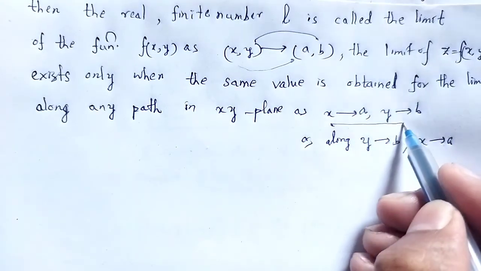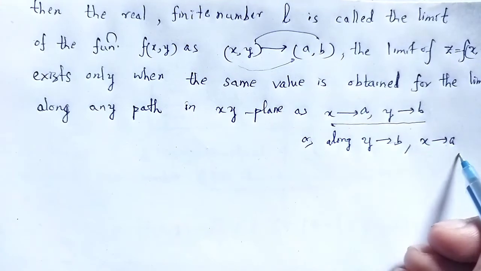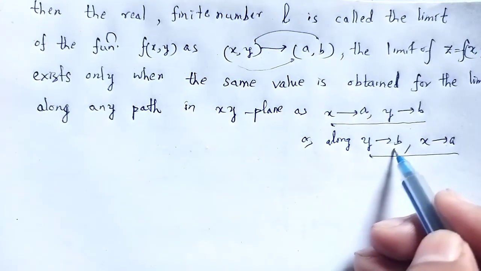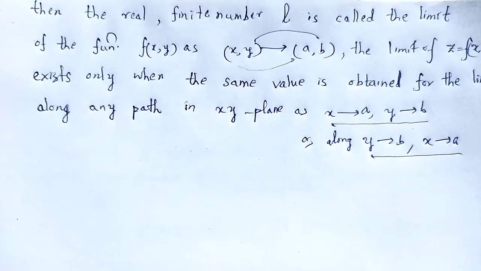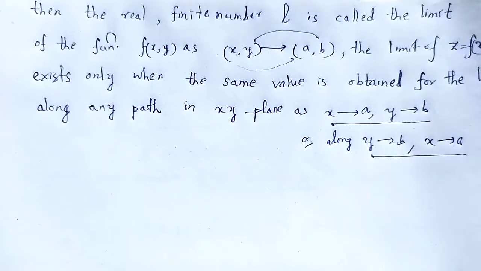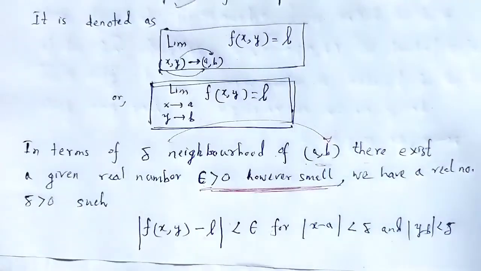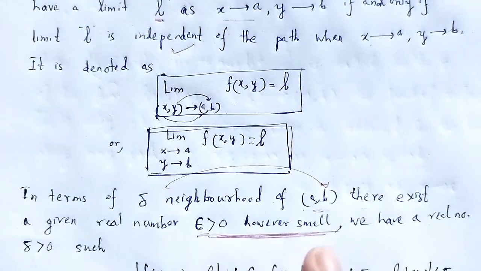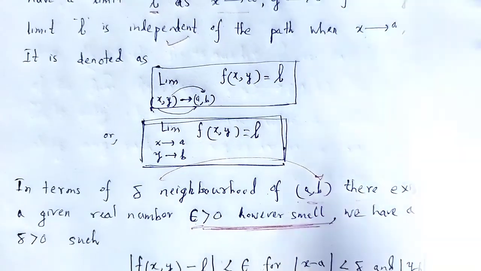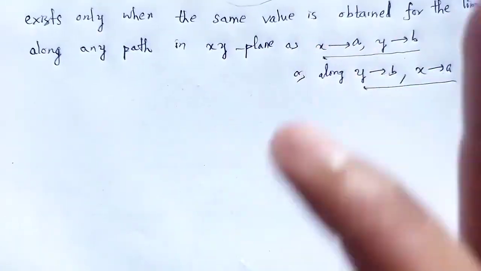This is another way to define limits in two variable functions in terms of delta neighborhood. That is the total definition.